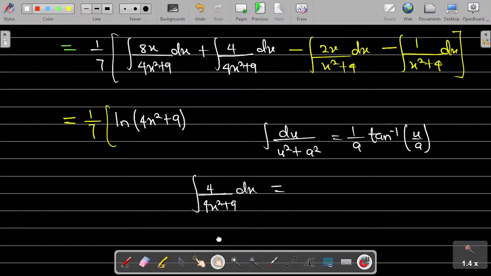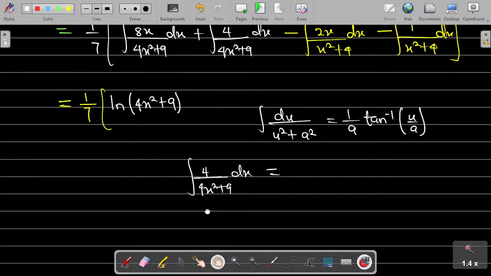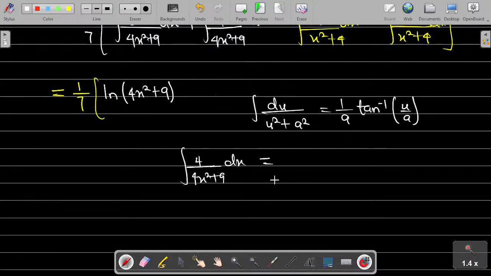I can write this as 4 all over 2x all squared, which gives you 4x squared, then plus 9 can be written as 3 squared. So if you watch carefully, remember your dx, you will see that your denominator is in this form now.